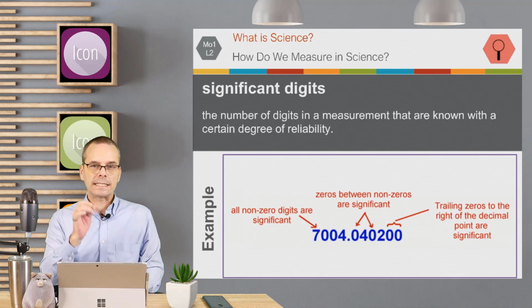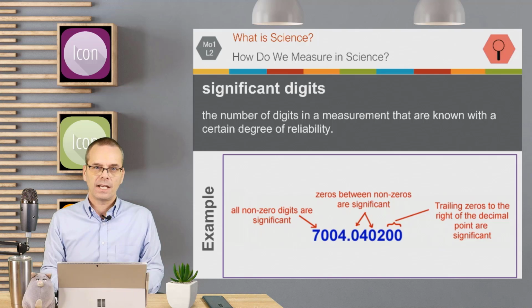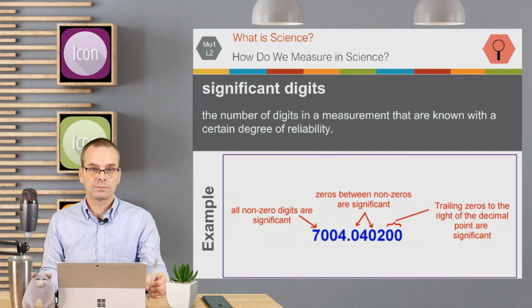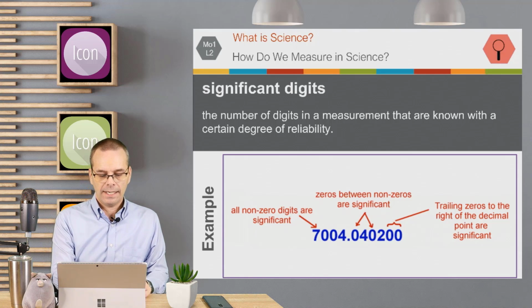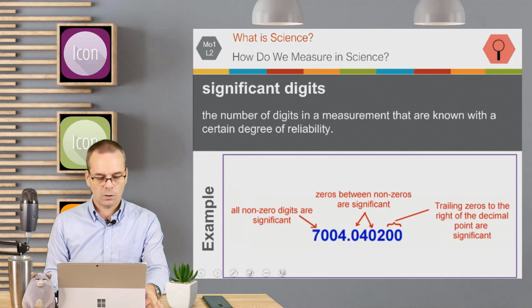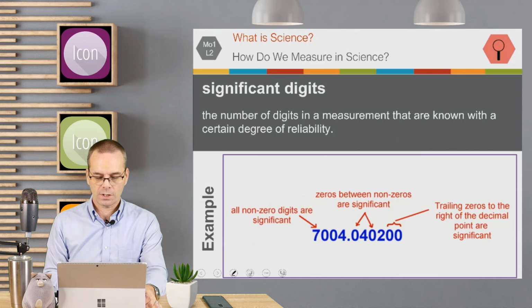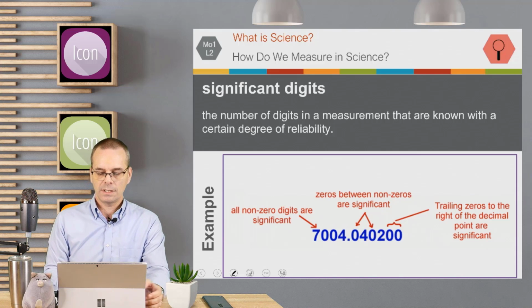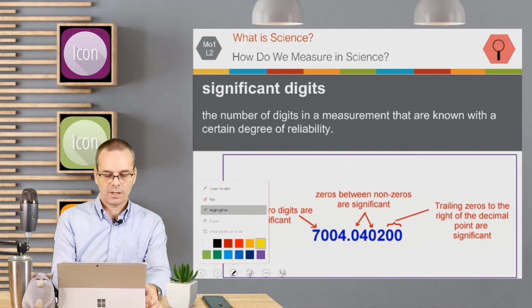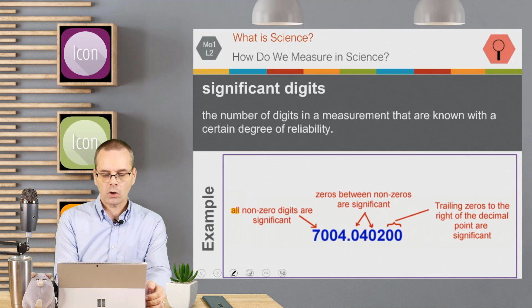Another word is called significant digits. And that's the number of digits in a measurement that are known and are reliable. So, in this scenario, if you look at the number 7004.040200, all non-zero digits are significant.